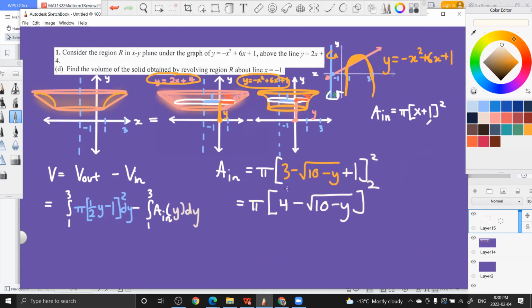And by this point, we can put it back into our integral. Okay, just double checking.